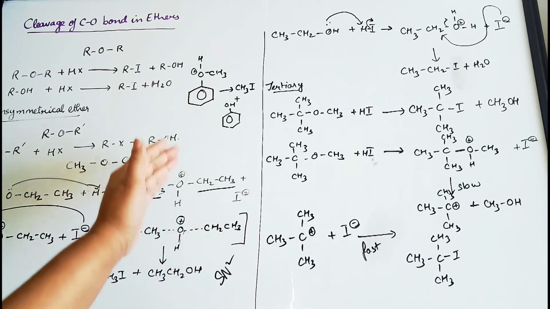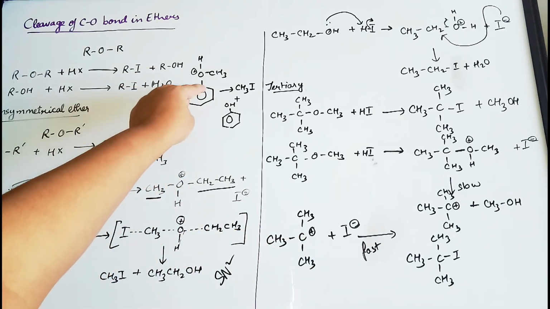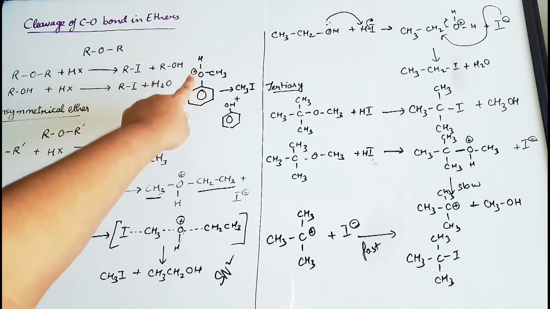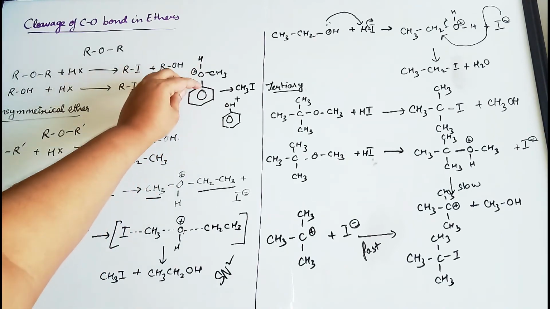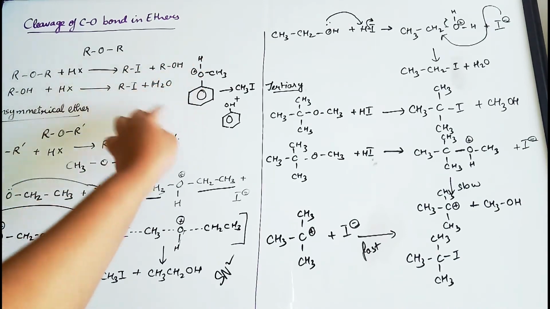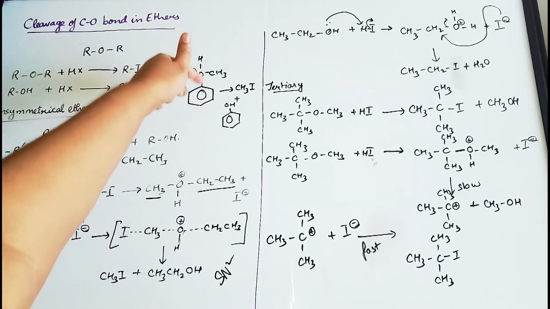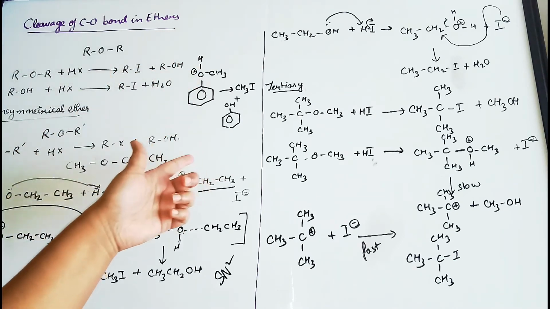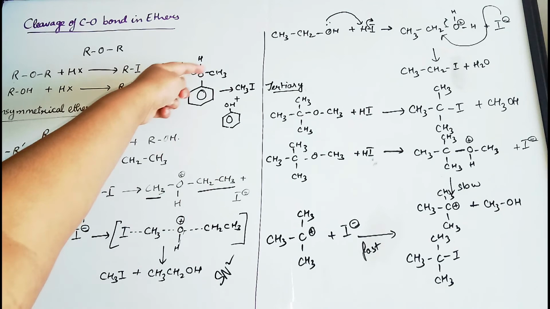In the case of anisole, you have an aryl group, that is benzene, and you have a CH3. Now, the iodide ion can attack either this carbon atom or this carbon atom. Obviously, it won't attack this one because it's more substituted and more stable. And this bond is quite a lot stronger than this bond.